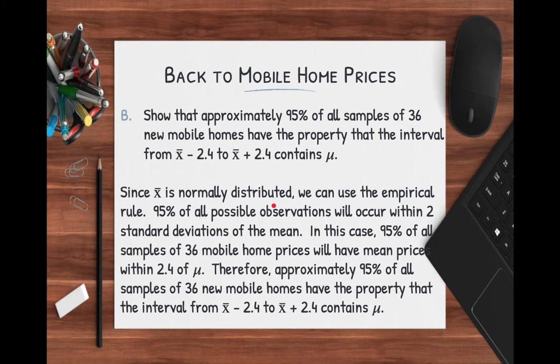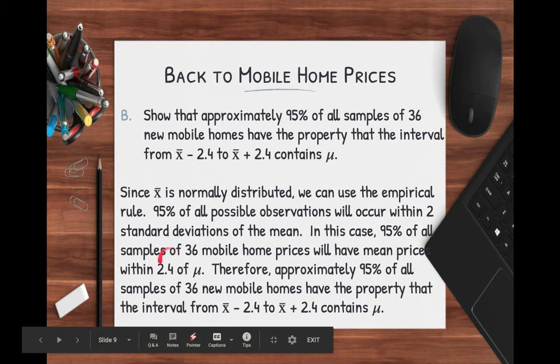So we go back to that empirical rule that said, hey, 95% of the data for a normal distribution will be within 2 standard deviations of the mean. So if the standard deviation we said was 1.2, 2 standard deviations is 2.4.